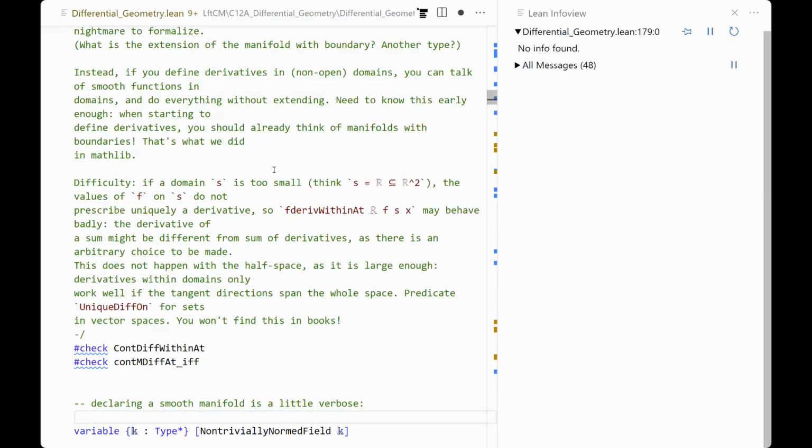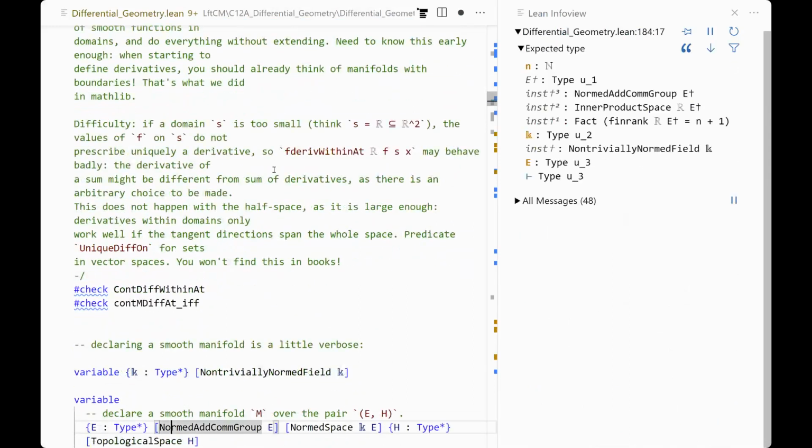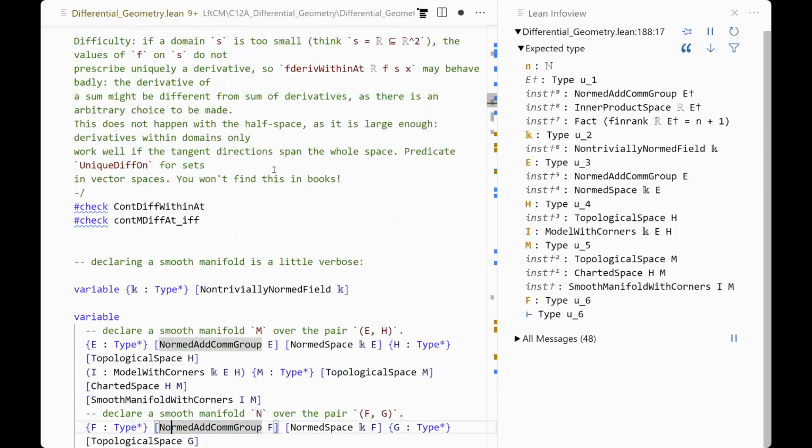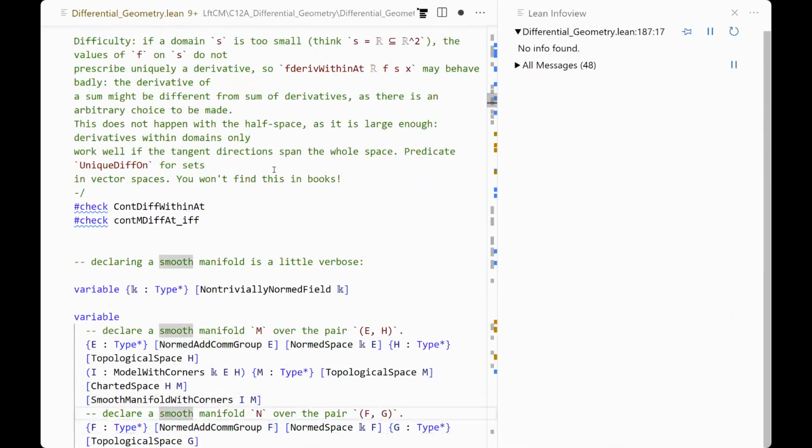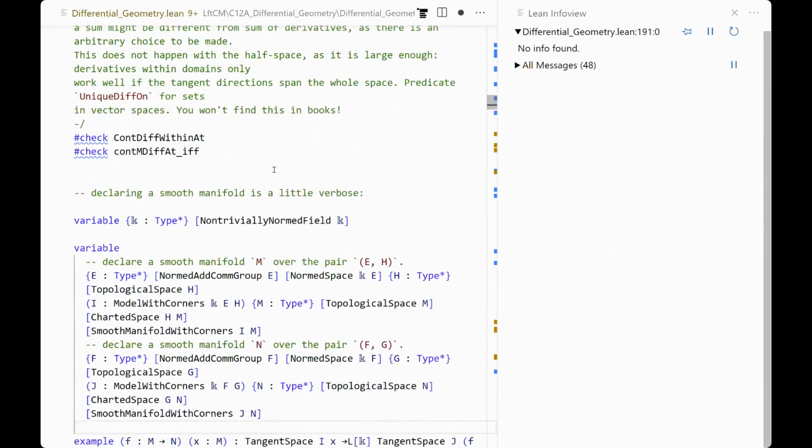I'm close to the end of my time, but that's fine. One thing that is a bit annoying when working with the manifold library is that things are a bit verbose to state in Lean.